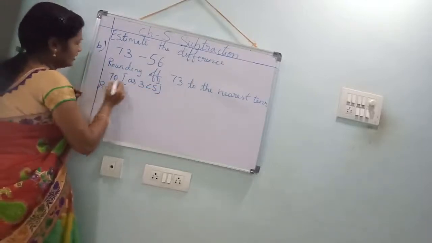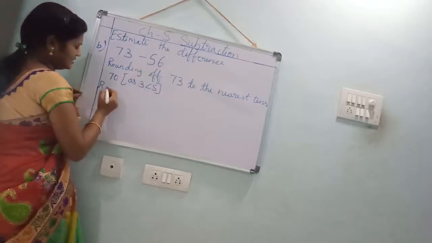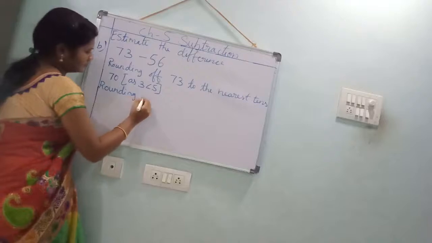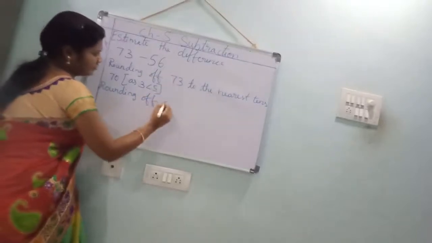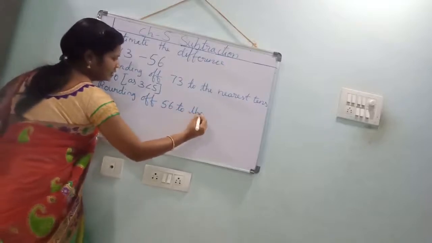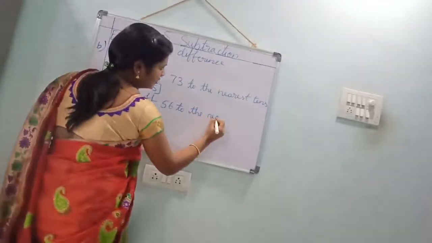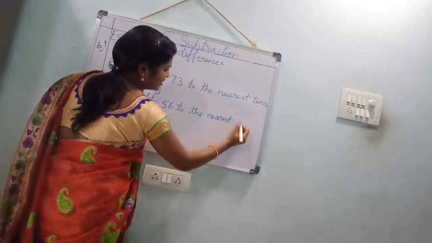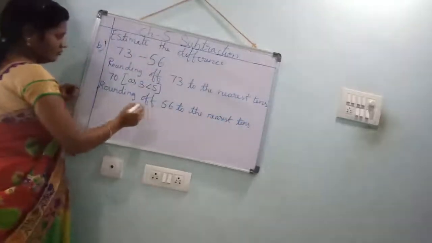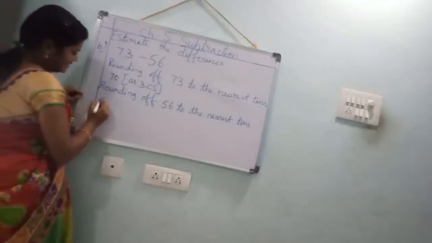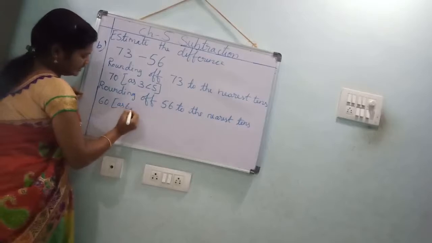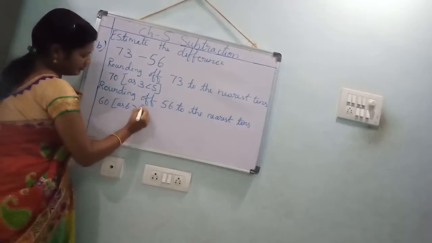Again, rounding off this number, you should take rounding off 56 to the nearest tens. See, 56 to the nearest tens is 60, as 6 is greater than 5.